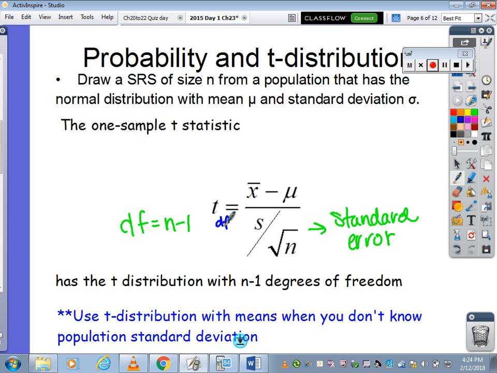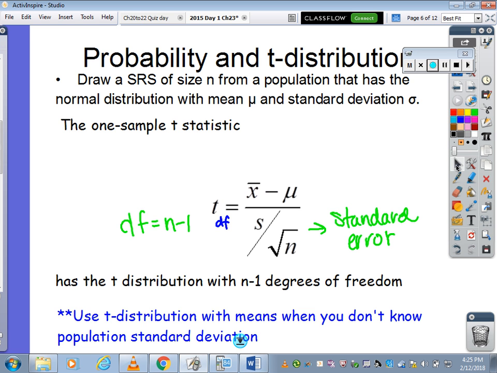The shape of the curve depends on that degrees of freedom. So it's x bar minus mu over s divided by the square root of n. Because we're basing this on a sample value, we call it standard error. We use a t-distribution with means when we don't know the population standard deviation.